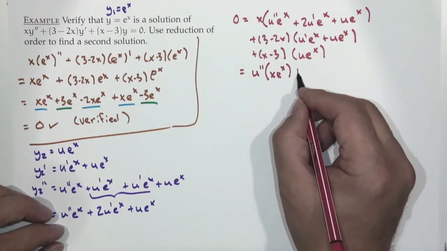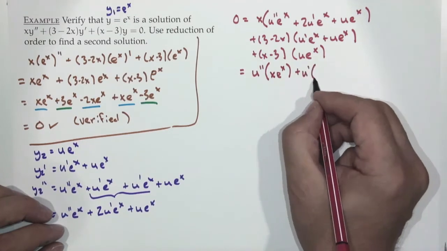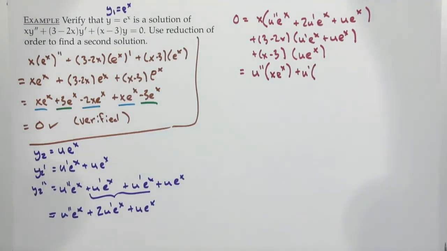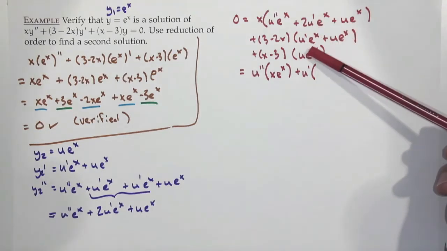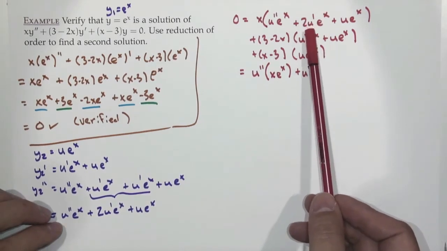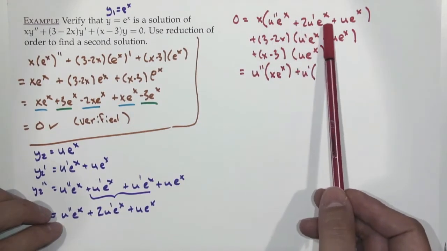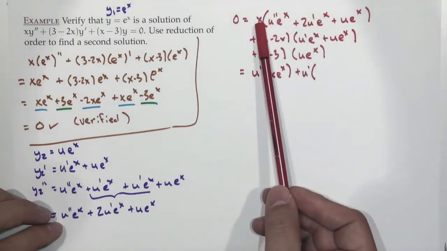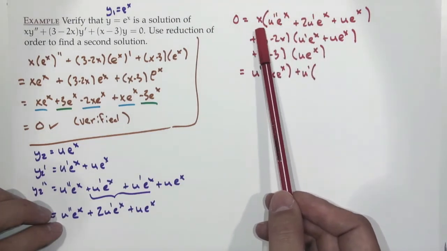All right. Then we say, all right, what's happening with our u primes? Well, how many do we have? 2 of them. So for the first one, what's attached to u prime? 2e to the x times x. Don't forget that x out in front.